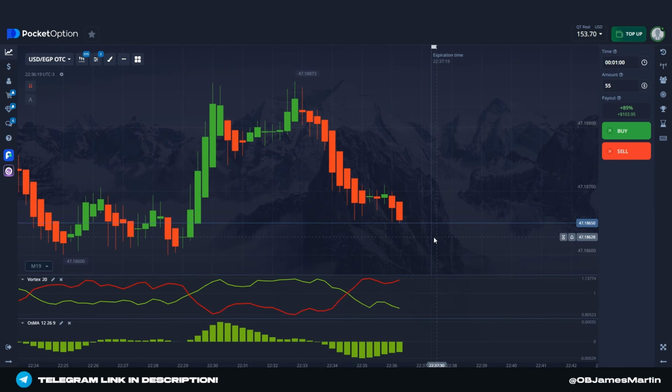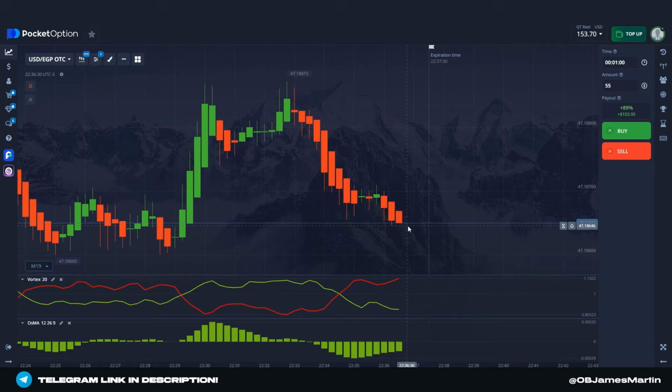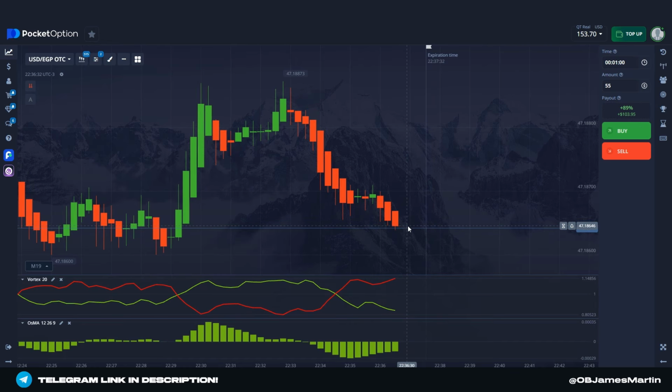So as you can see, we won all the trades we took today, and we'll be making money in the market using this particular strategy. Guys, I advise you to try out this strategy on your demo account before using your real money. This strategy, I'm giving it a 95% win rate. It means if you take 10 trades, you're gonna win 9 trades.